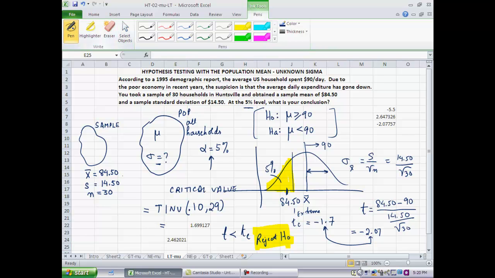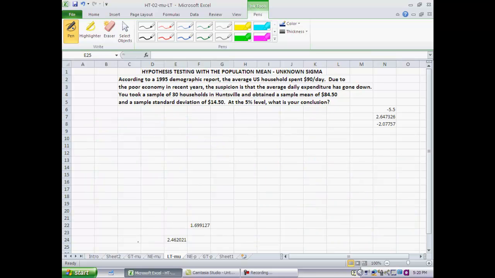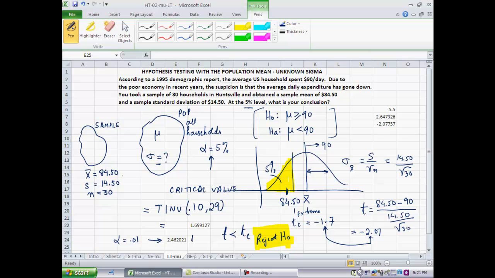If I want to be more sure, if I'm only willing to accept a 1% chance of making a type 1 error, then what this threshold of 2.46 is telling us is that I will consider a sample statistic to be really extreme if it is more than 2.46 standard deviations below the mean. But our test statistic is minus 2.07.